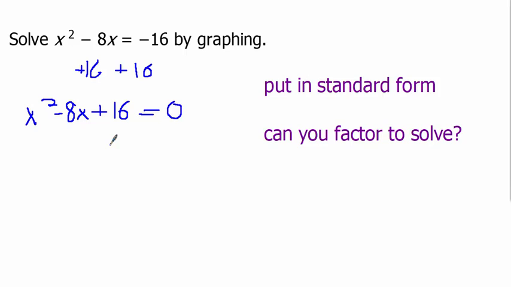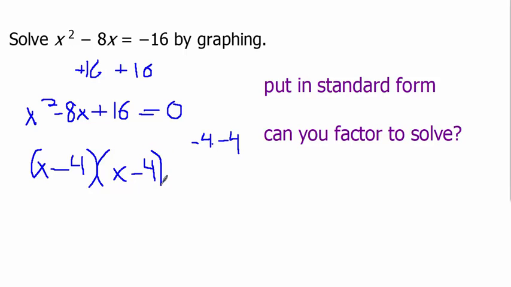And I notice that 16 is going to be negative 4 times negative 4, and that would work. Because if I can factor it, that's a really nice way of solving. Remember, the factors change sign when I solve. And there are two 4s here. I'm just going to write one of them. We won't really need to know that there's a second one until Algebra 2.